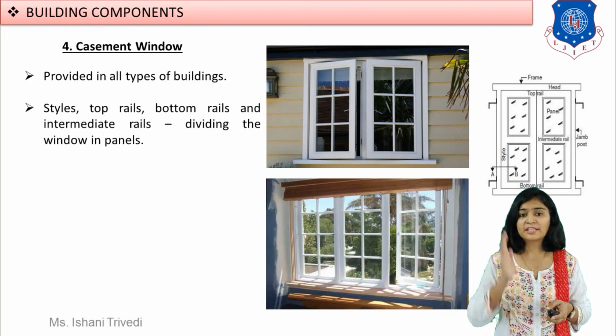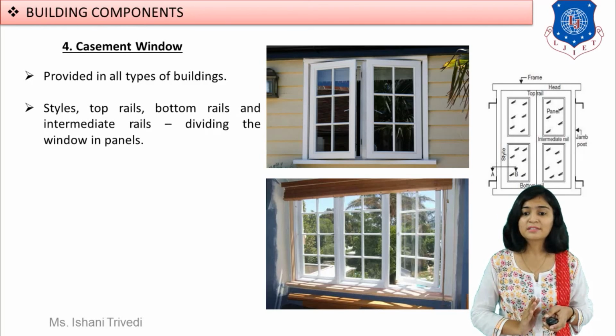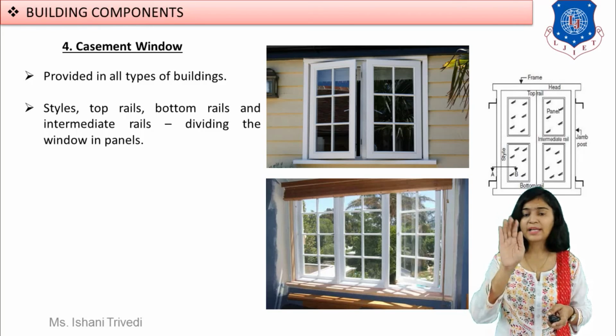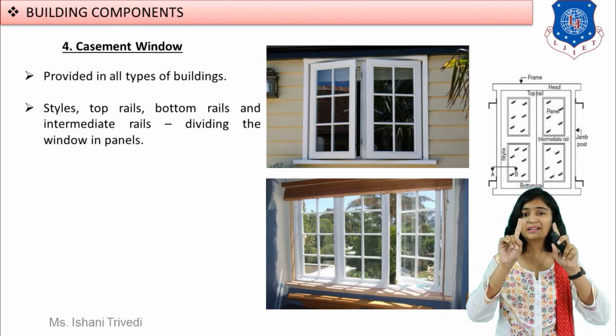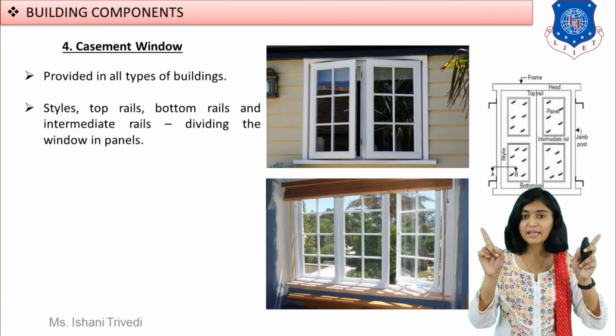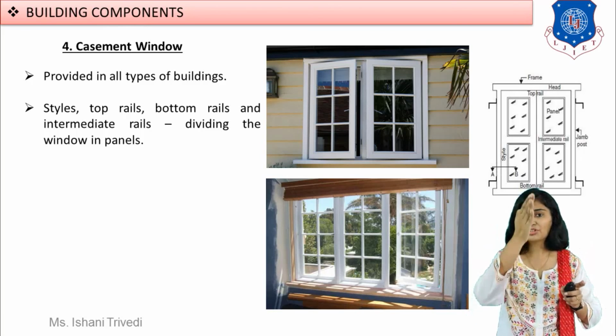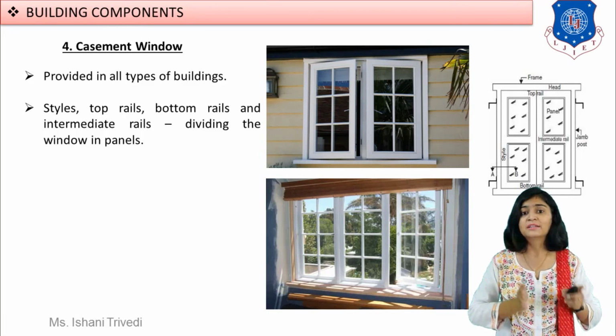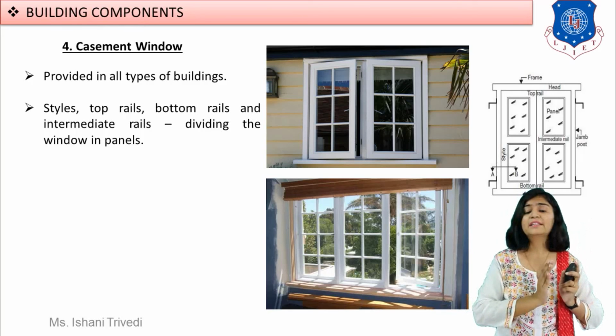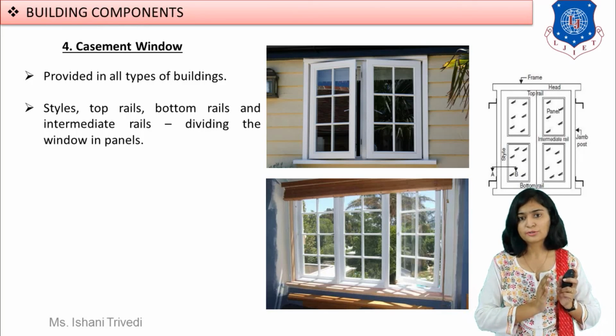Look at the image flashing above me. That is the basic sketch in which we can see the top rail, the bottom rail, the head, and the horn extending. You can also see that a separation is provided at the center, which is the mullion. The same thing you can see in the real image also.